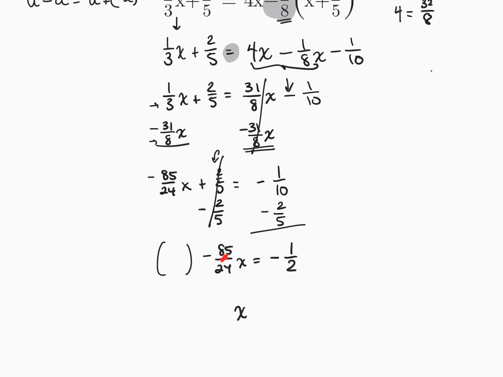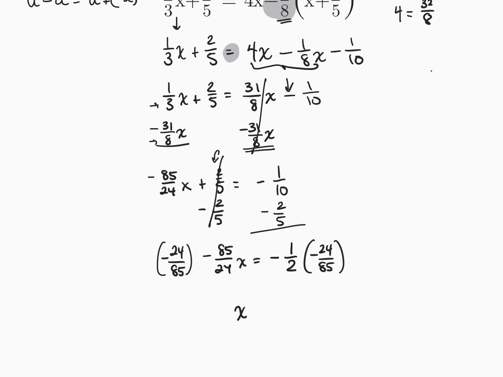In this case, take the numerator of 85 and the denominator of 24 and switch them. So the new number that I'm multiplying by is negative 24 over 85. Because I did multiplication that way, I must do the same on the other side. So I go negative 24 over 85.